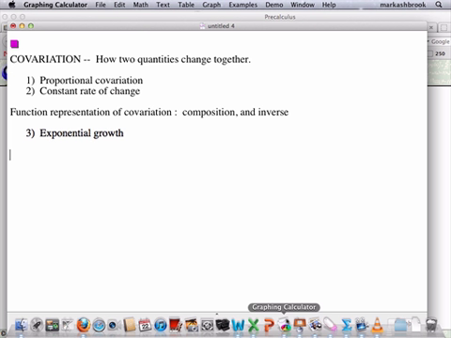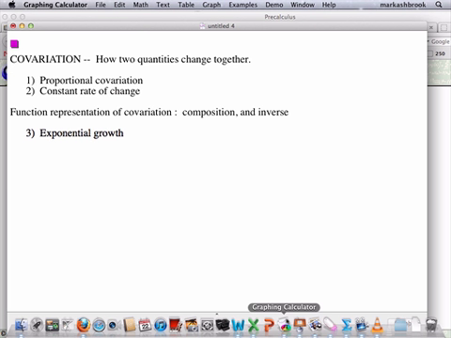So there's some coherence to all this. We're not just flipping around from idea to idea. It's all about learning about different ways that two quantities can change together. Okay? Proportional was a very specific way that two quantities change together. Then we looked at constant rate of change. It was a linear graph, right? That's where we said the changes in the quantities are proportional. And then now exponential growth. What characterizes exponential growth? How do the quantities change together?